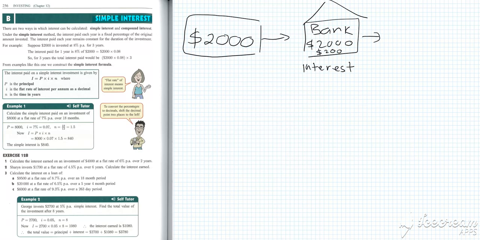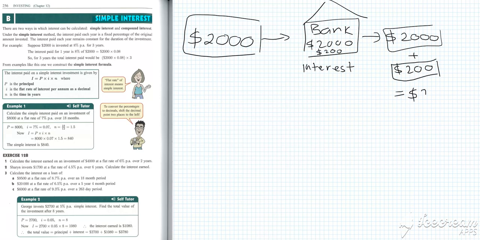So now when you go back to the bank, you don't just have the $2,000 you started with. You also have this extra money that the bank paid you. It's very useful. Just by doing nothing, you've managed to make $200, and now you have $2,200. That's a really useful strategy to save some money and make some money.